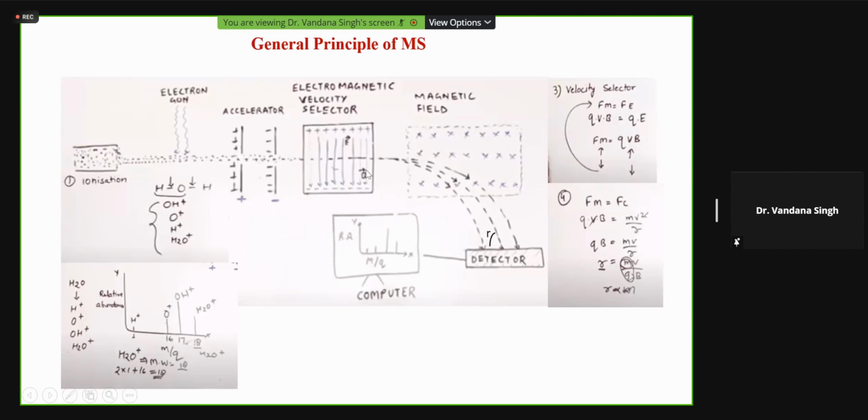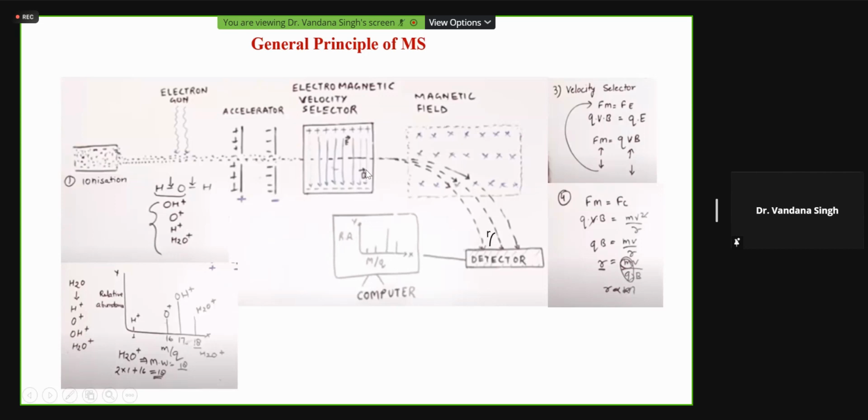What is done is the polarity of these electrodes is changed very rapidly. At a certain time the horizontal electrodes are positively charged and these are negatively charged. Then after some time the orientation changes, and this becomes negatively charged and these become positively charged.